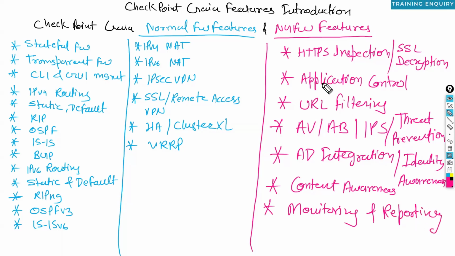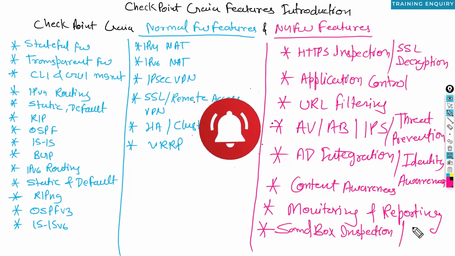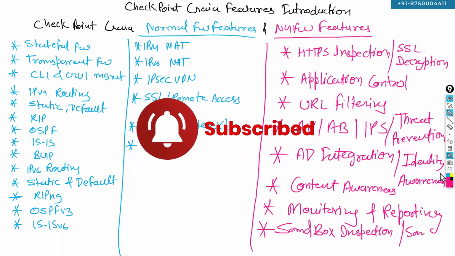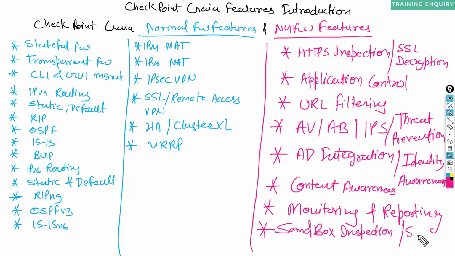Clear? So next generation firewall features: HTTPS inspection or SSL decryption, application control, URL filtering, threat prevention blade, antivirus, antibot, IPS, identity awareness, AD integration, content awareness, monitoring and reporting, and sandbox inspection, which is called SandBlast, which I told you yesterday.